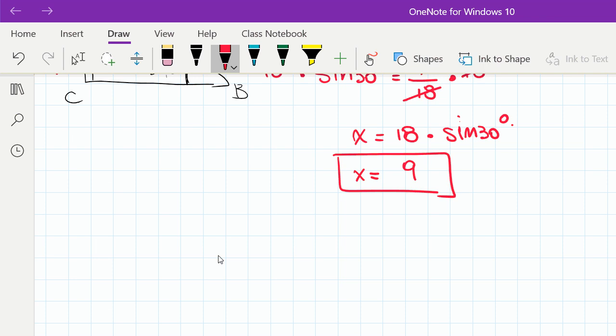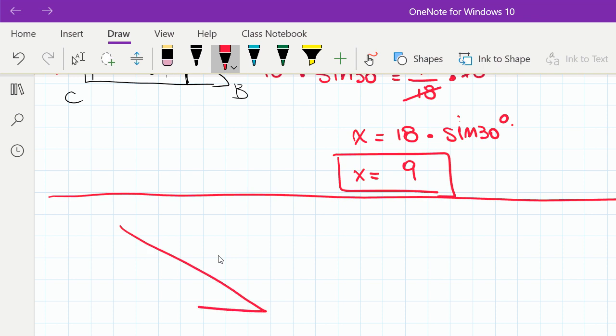So let's see another example in which we are looking for the side. Let's suppose that we have a right angle triangle that looks like this. Okay, so we have this angle here as 15 degrees.